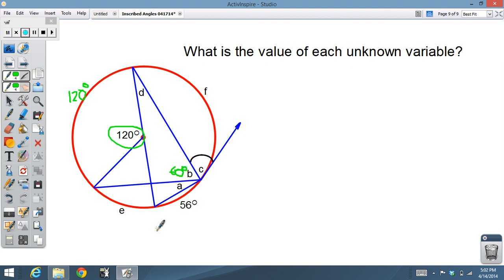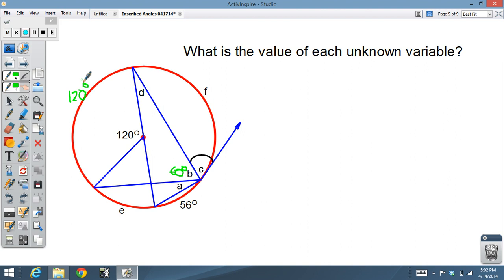Look good? All right. Let's see, what else do I know? I see a diagonal going right along this line right here, right? Okay, there's a diagonal, which means the arc over here must be a total of 180 degrees, correct?